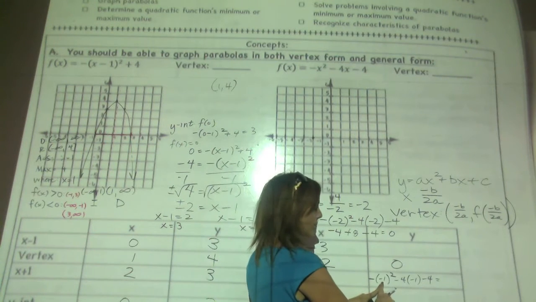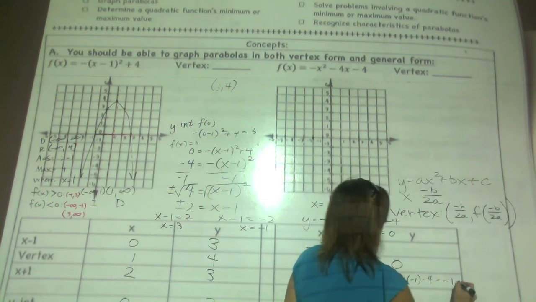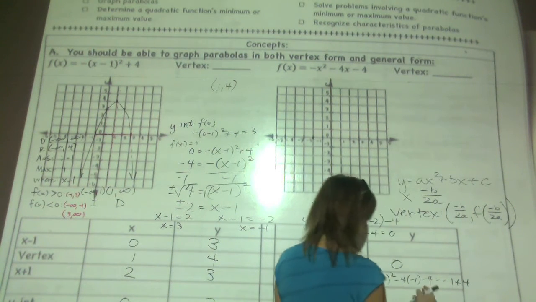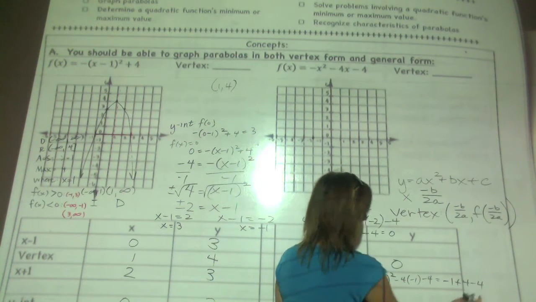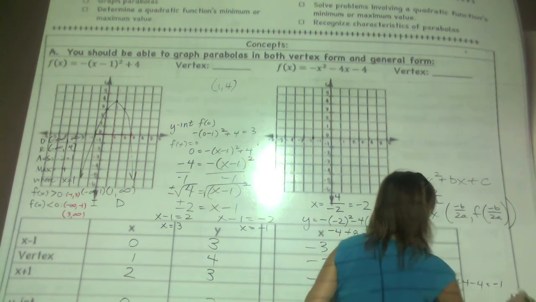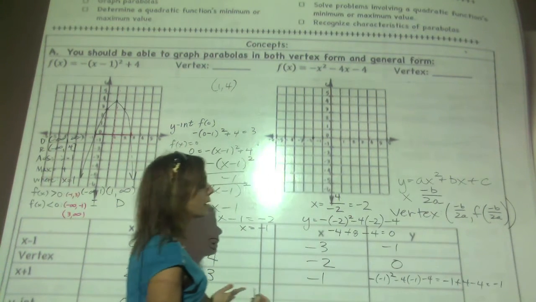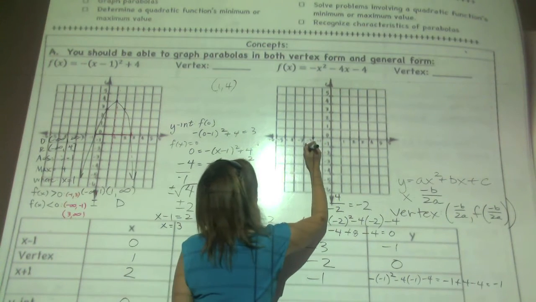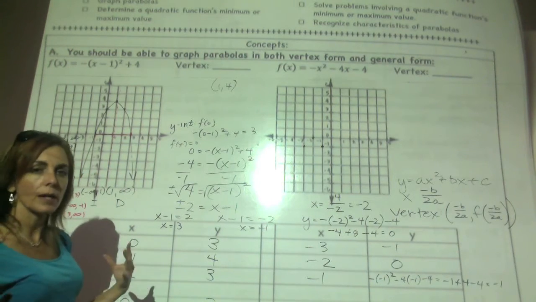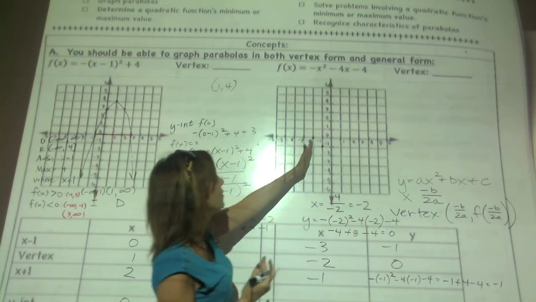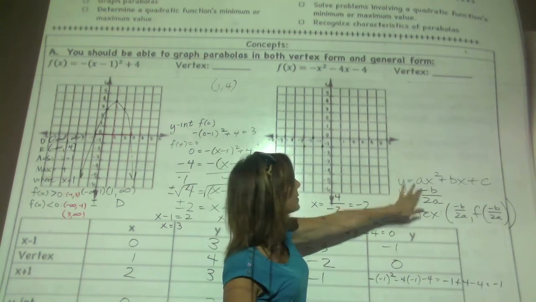Negative 1 squared is positive 1, so this is going to end up being negative 1, positive 4, and then negative 4, that's equal to negative 1. We know that this will be the same on the other side because of symmetry, and we can go ahead and plot those. All right, so this is looking like we think it's supposed to look because we have the vertex. We know that it's shaped so it's going down because our a is negative.